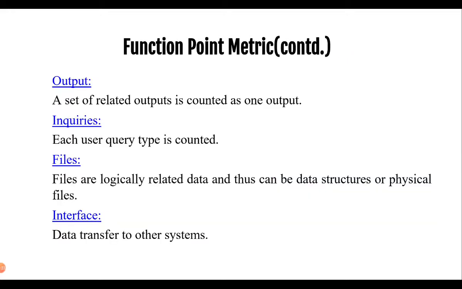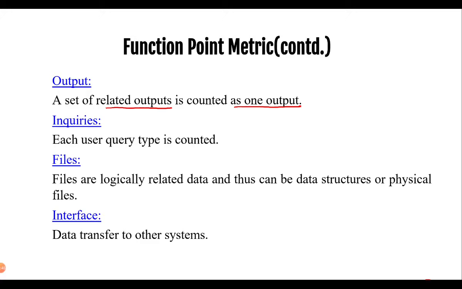The next we have output, and output also is a set of related outputs and it is counted as one output. Similar to inputs, output will be generating some textual values or some numbers that will be delivered by the program.